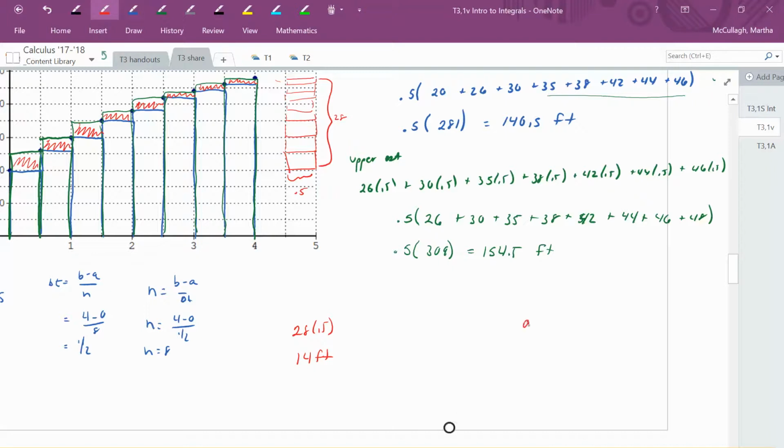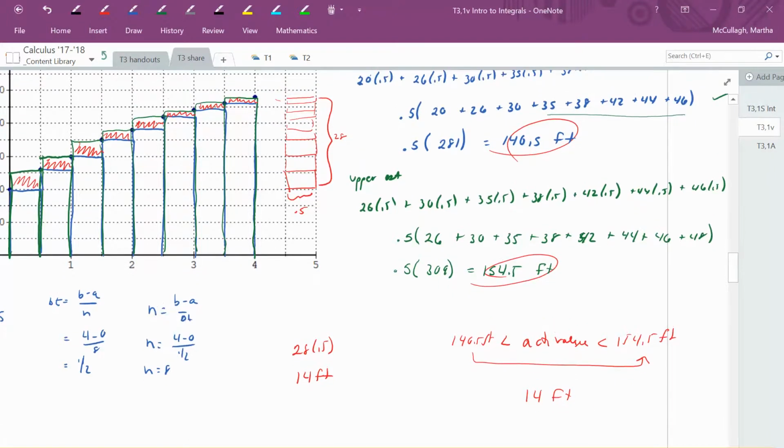Here I can say my actual value must be greater than 140.5 feet, but less than 154.5 feet from these two values. And the difference here is 14 feet, so my error.